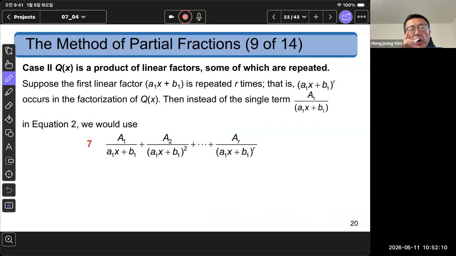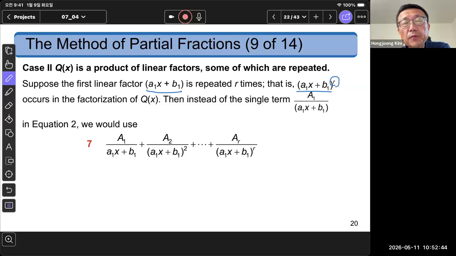Now, second case, what if the denominator is factored into linear factors, but some linear factor is repeated? For example, some factor is repeated r times. In other words, when you factor your denominator, q of x is a product of a1x plus b1 to the rth power.